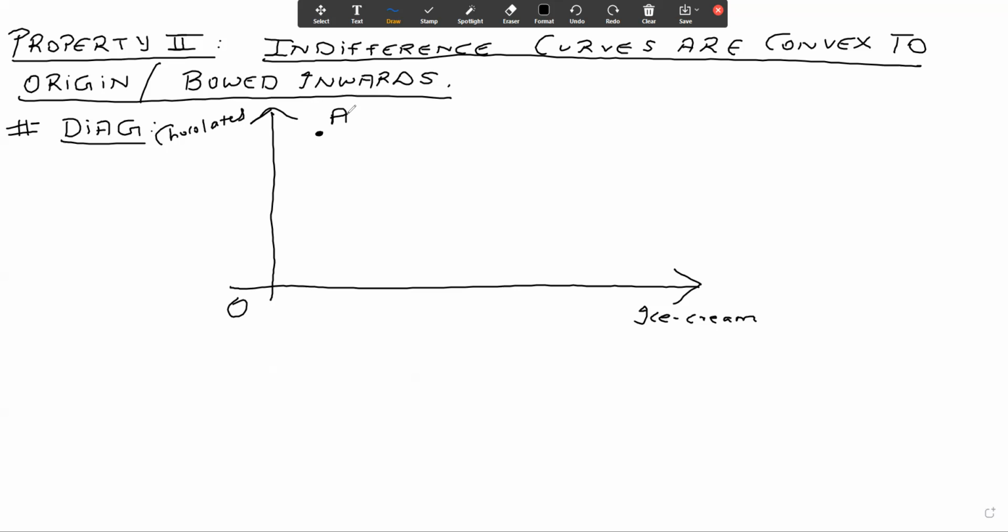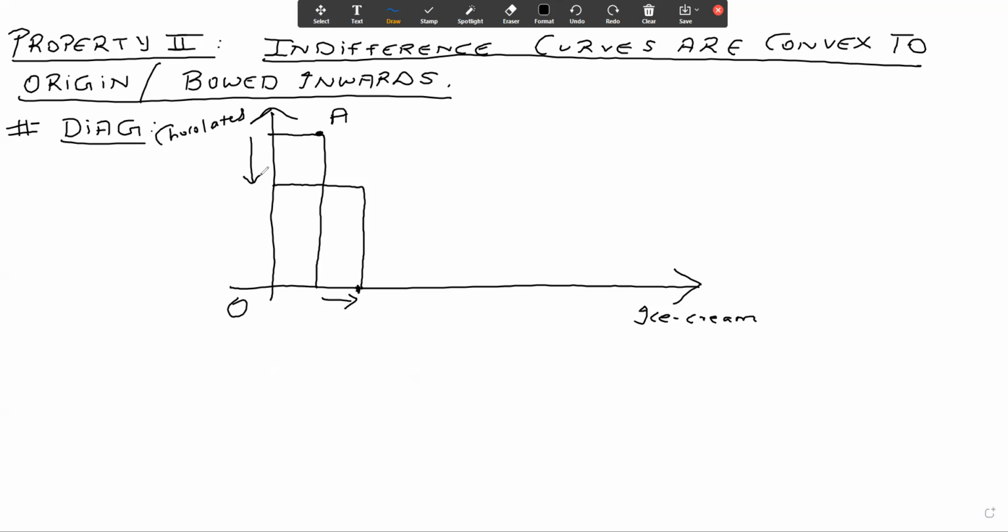Now, if someone gives me more ice creams, initially I will be willing to give up a lot of chocolates for that. Since I have very few ice creams, for every additional ice cream, I will be willing to give up a lot of chocolate. Why? Because chocolates are available to me in abundance.